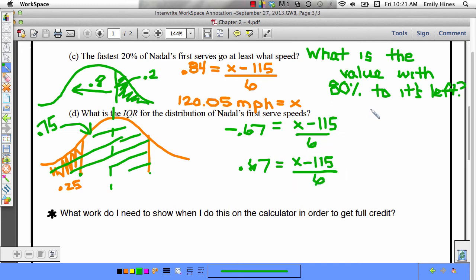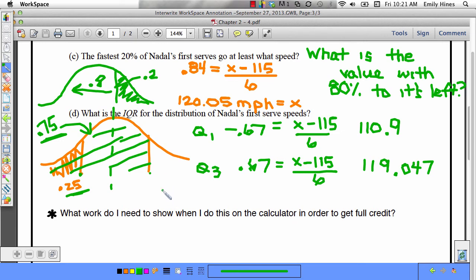I solve these two. When I solve this one, I get 110.9, and when I solve this one, I get 119.047. Remember that this one is Q3 and this one is Q1 because this goes with the 25 and this goes with the 75.